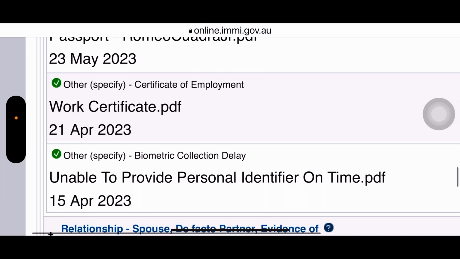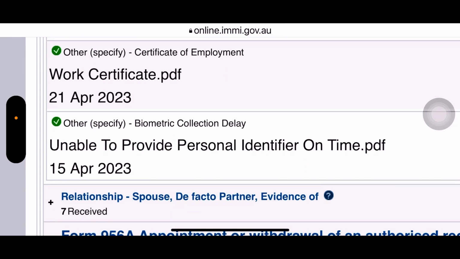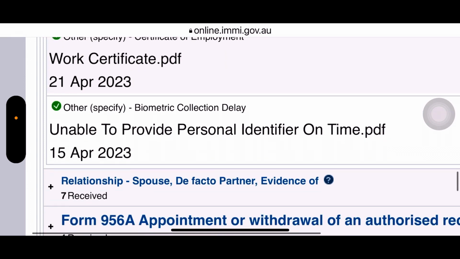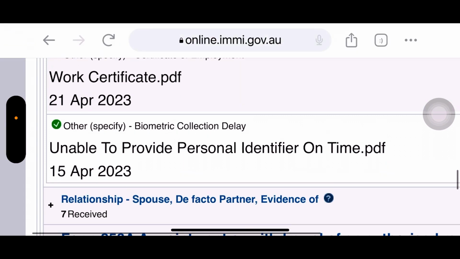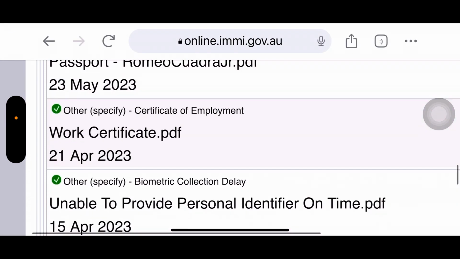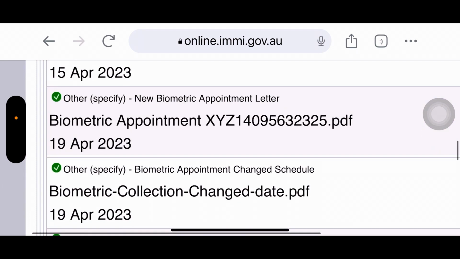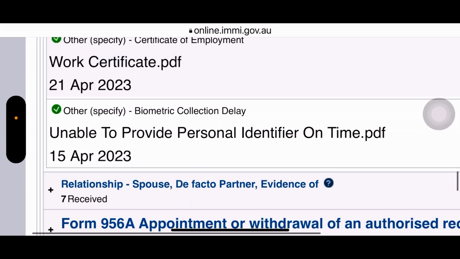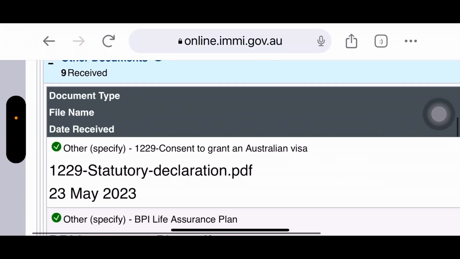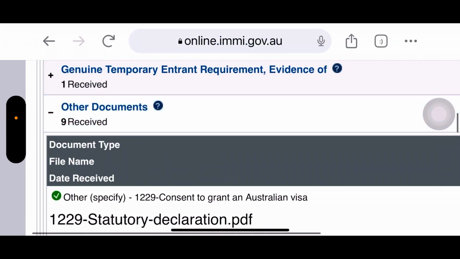And then we also provided the work certificate of my partner, or the COE. And then unable to provide personal identifier on time. This is also an explanation about the biometric appointment. So that's it for the other documents.